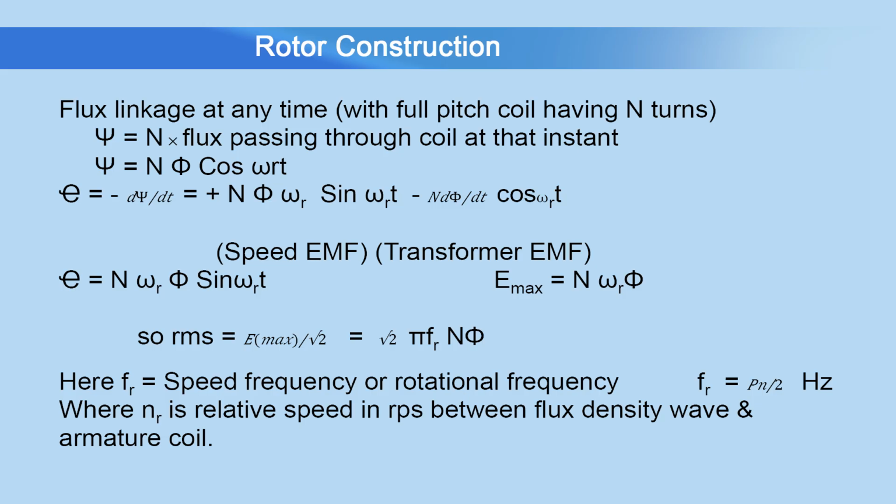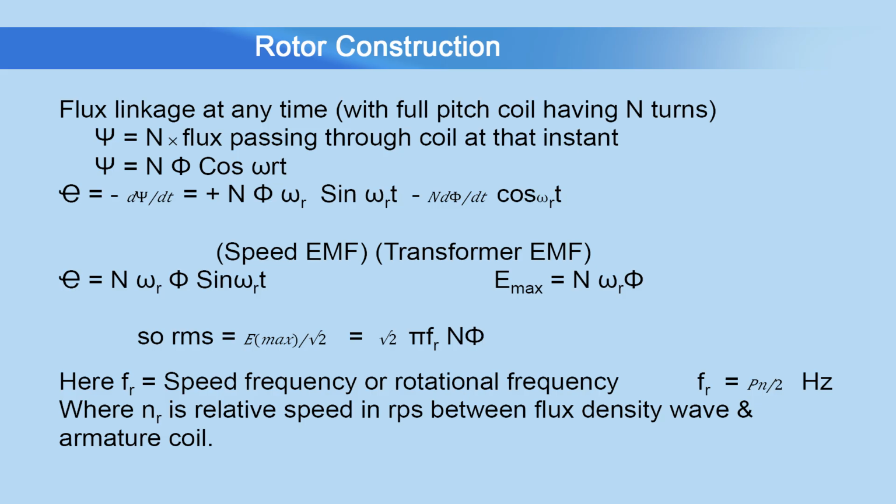So, if we solve this, minus minus becomes plus: n phi omega r sin omega r t minus n d phi by dt cos omega r t.